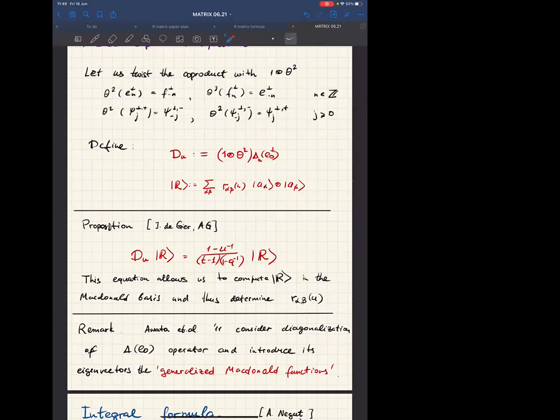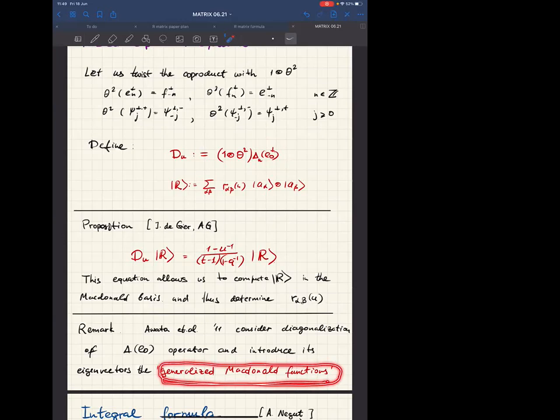In fact, we can generalize this problem. This is a side remark. We can ask for all eigenvectors of this operator, and this is also an interesting problem. It reminds us of a problem considered by Shiraishi and collaborators, where they try to diagonalize the coproduct of E0, and by this problem they define the so-called generalized Macdonald functions.